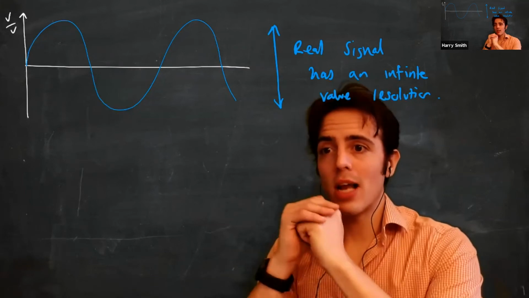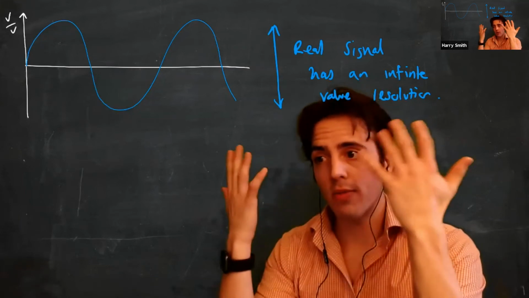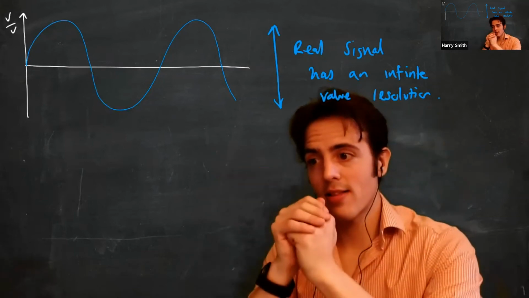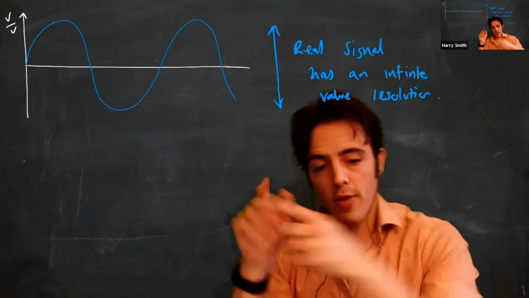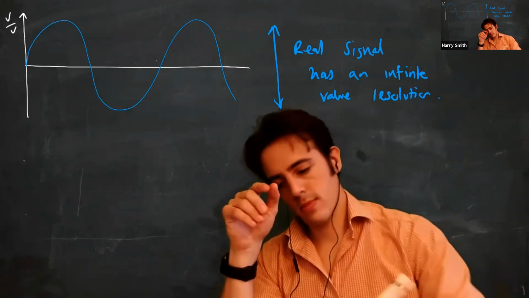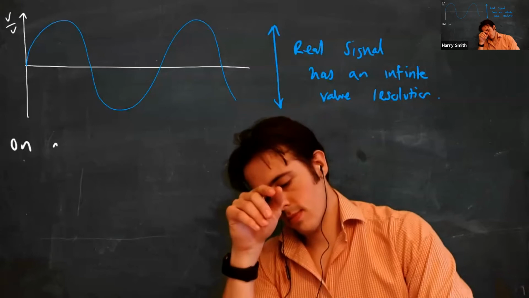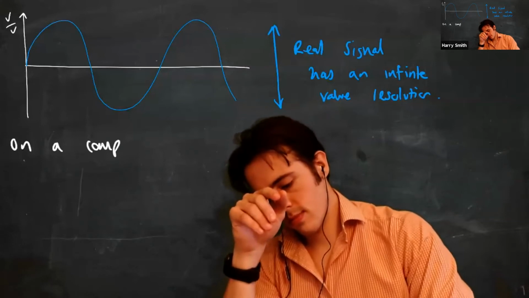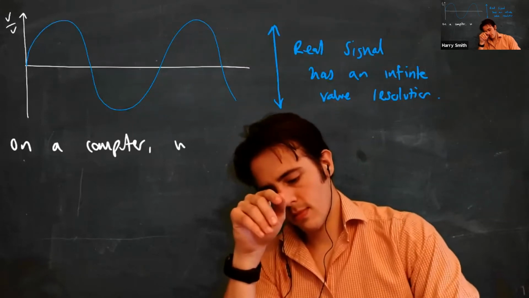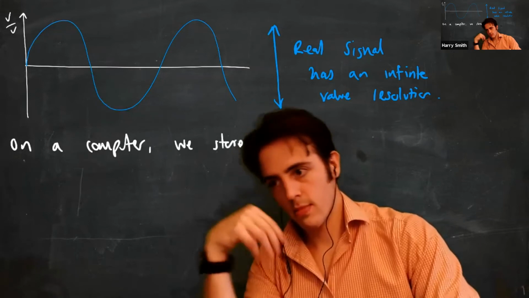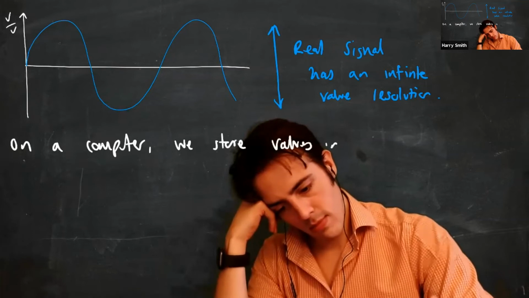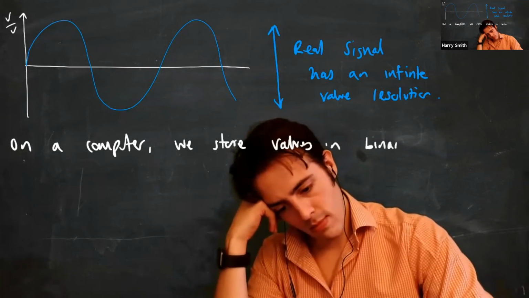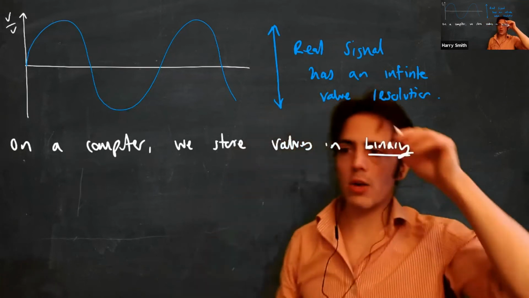We like to think that we have a base 10 number system because we've got 10 digits. As Mohammed has said, we store numbers on a computer using binary. Okay, we store values in binary.